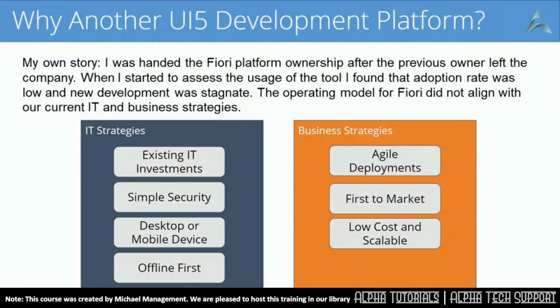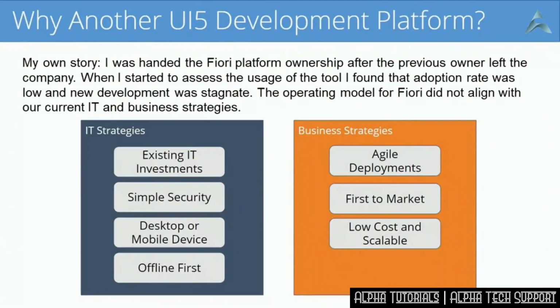But for example, existing IT investments: we were an SAP shop. We had a pretty large ABAP pool available to us that had a good amount of our knowledge base, right? Because they had developed all these SAP GUI Z transactions and ABAP reports for us.